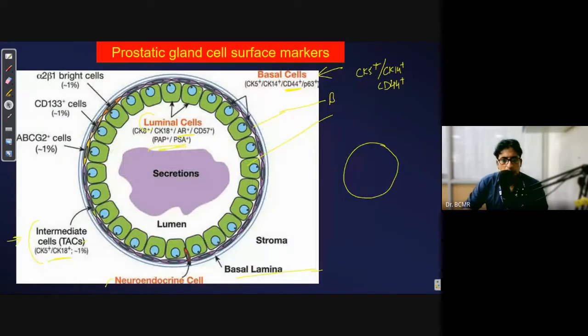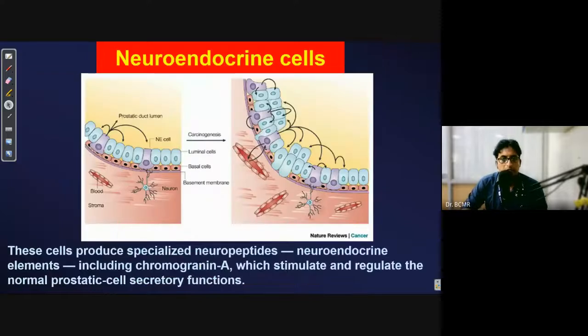I just wanted to say a word about the neuroendocrine cells that are present. These are specialized cells. They produce neuropeptides, receive signals from other sources, and influence these cells here, so the prostatic cell secretory functions are modulated by these neuroendocrine cells.